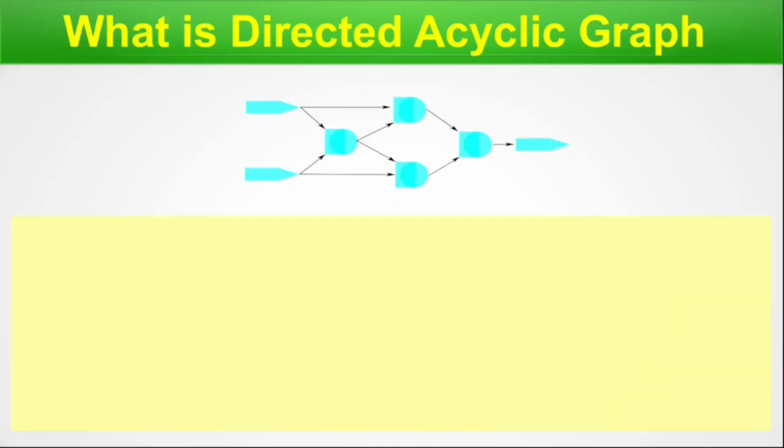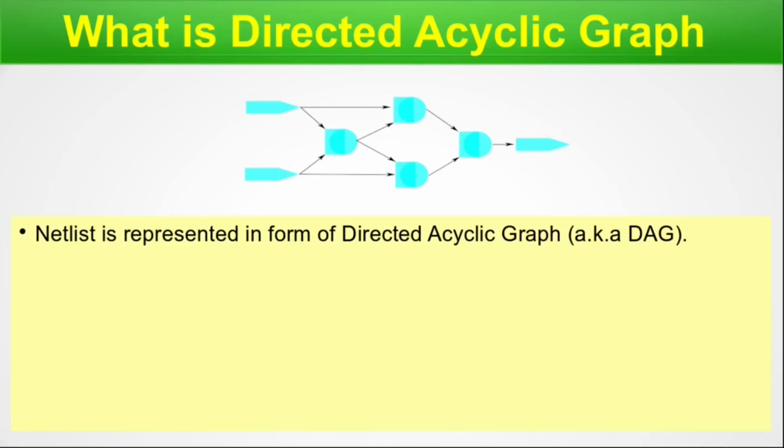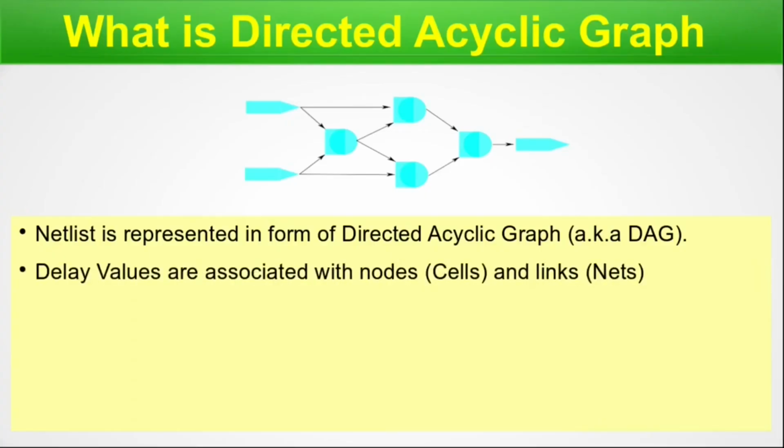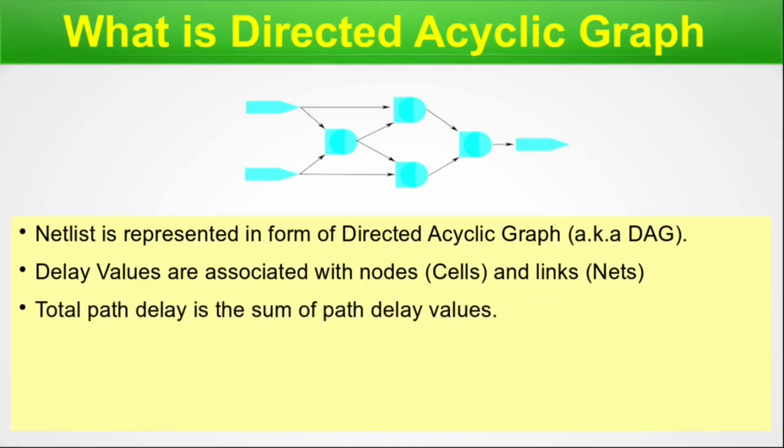So let me bring up this text. Netlist is represented in the form of a directed acyclic graph, also known as DAG. Delay values are associated with nodes, cells and links. That is, nodes are cells and links are nets, as I have shown in the graph. Total path delay is the sum of the path delay values.